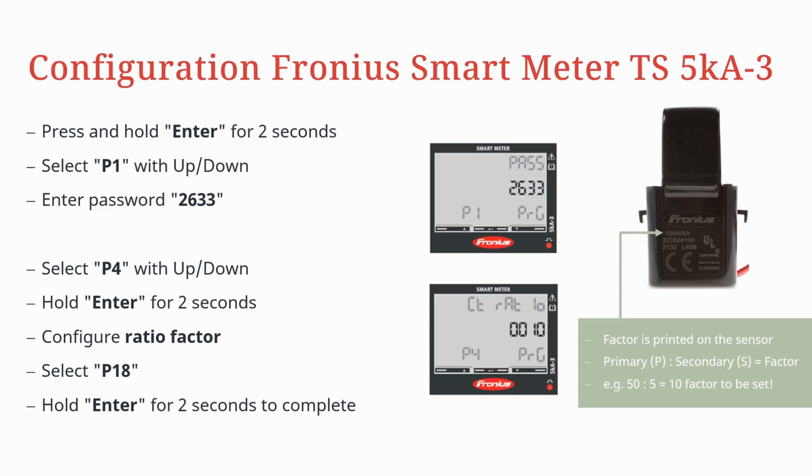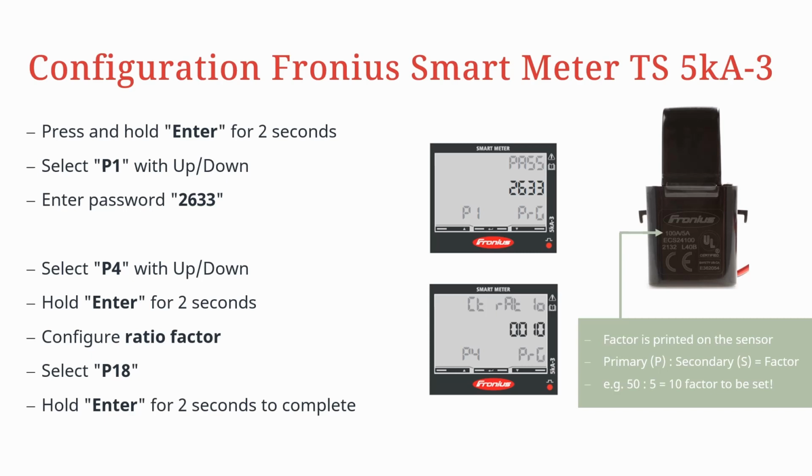If not, select it with the up or down button, and here you then have to enter the password. It is in this case 2633, and then hold enter for 2 seconds for confirmation, and then you select the menu P4 with the up button and hold down enter again for 2 seconds.